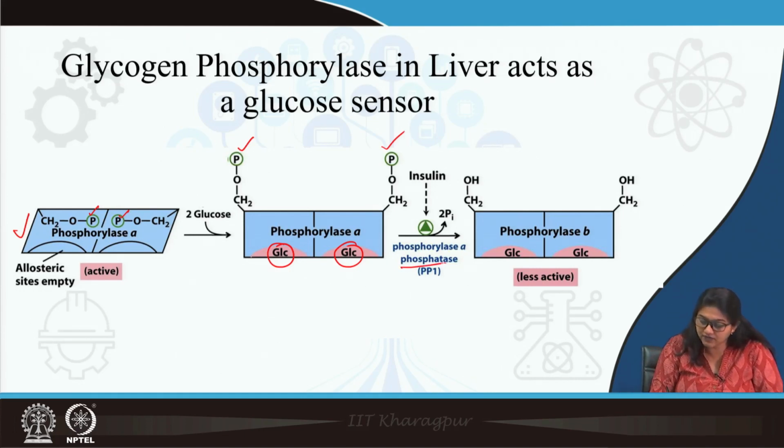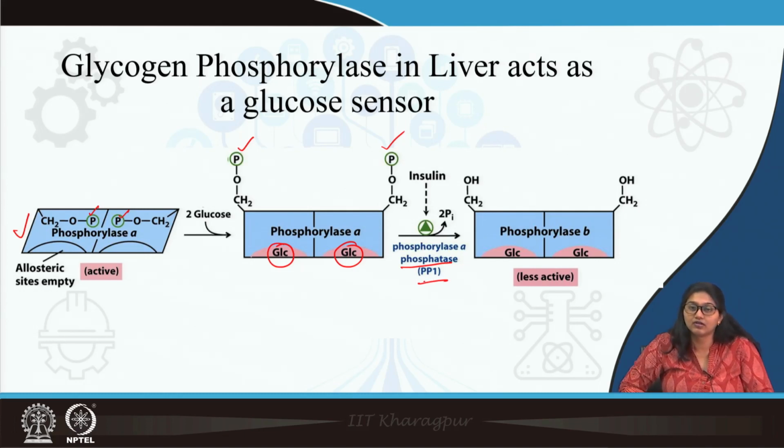To the phosphatase, and this phosphatase causes the dephosphorylation and inactivation of phosphorylase A. So, basically the circulating free glucose enters hepatocytes, and by allosteric modification it causes dephosphorylation of phosphorylase and causes inactivation, and this happens in the liver. So, this is how liver phosphorylase acts as a sensor of blood glucose level.